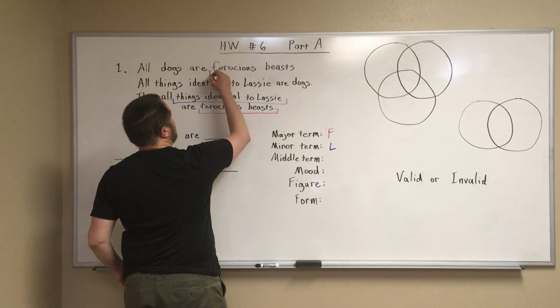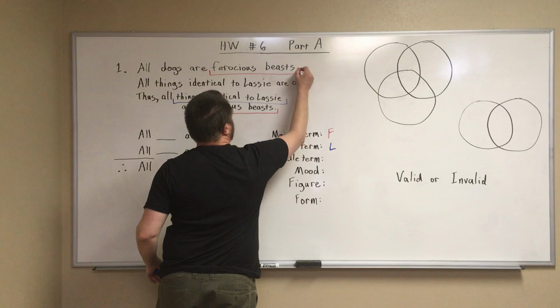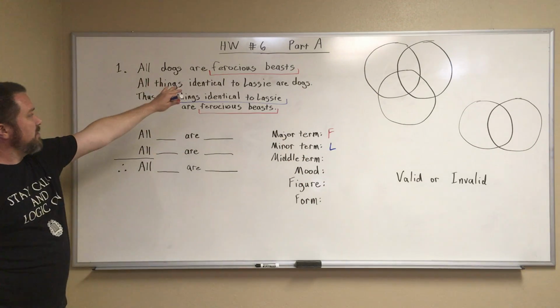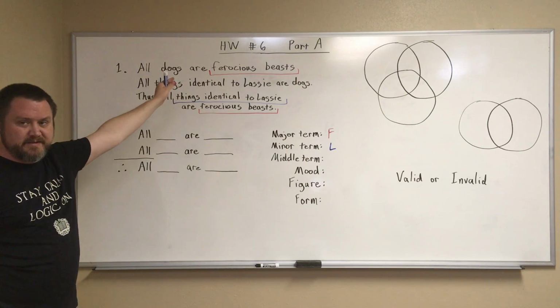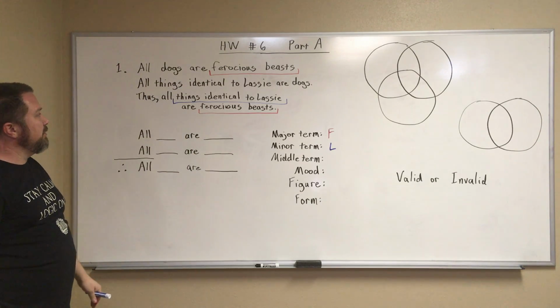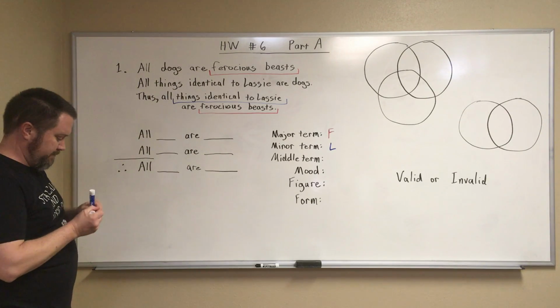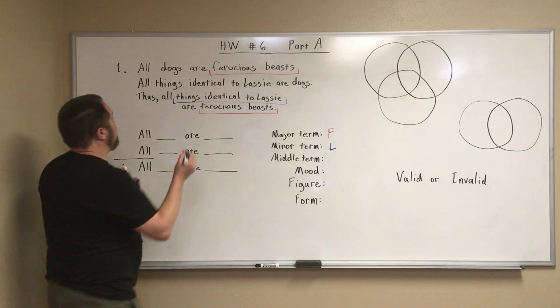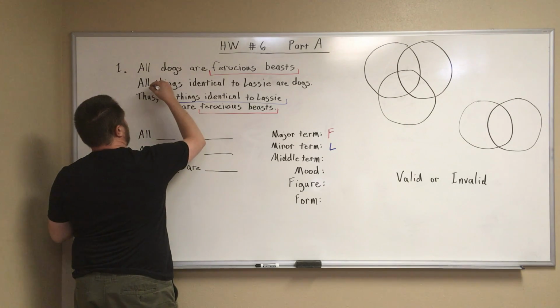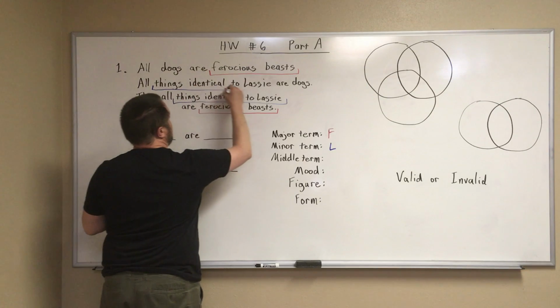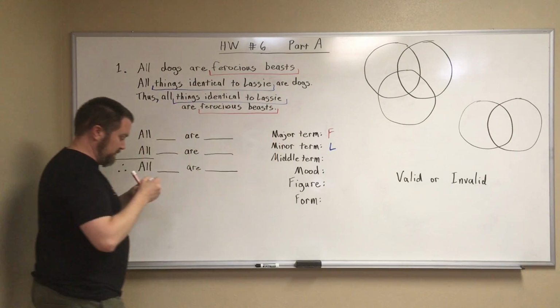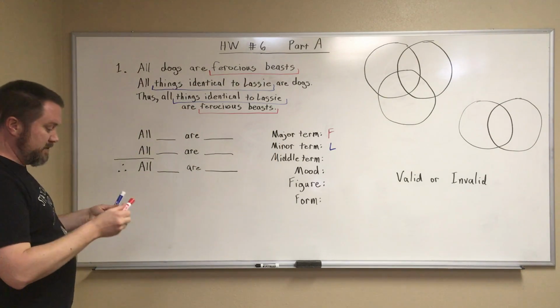So looks like that statement is in the right place. All dogs are ferocious beasts. Ferocious beasts is the major term, and it is on top. And then let's make sure all things identical to Lassie, the minor term, is in the second statement. So we're good on that front.